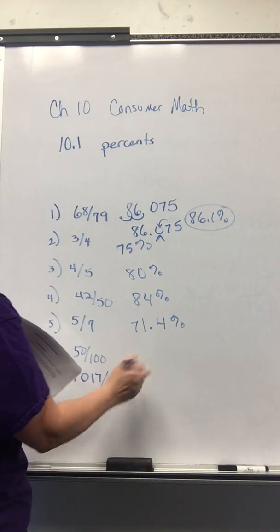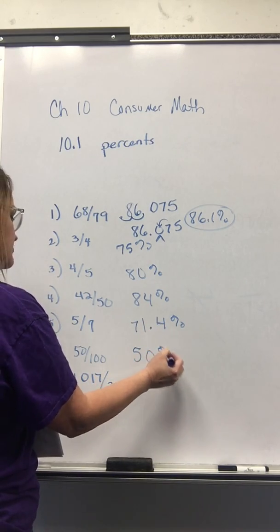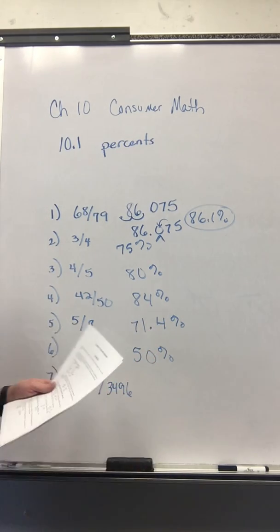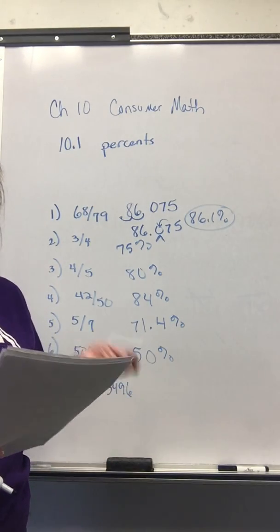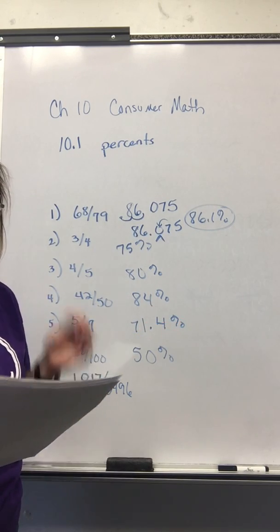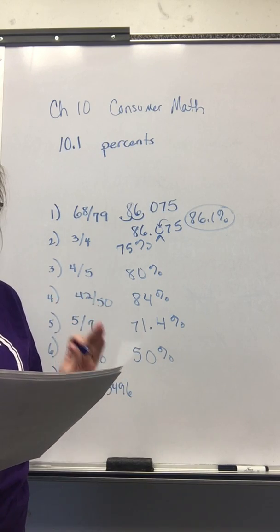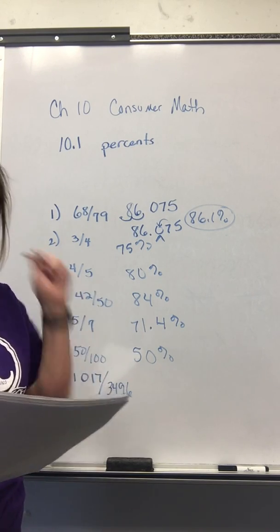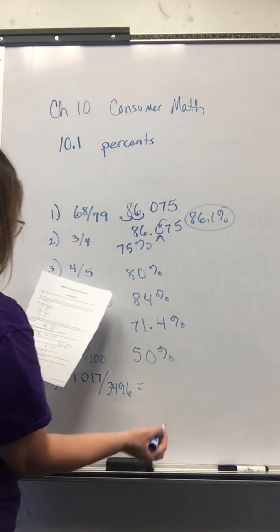And lastly, 50 divided by 100. That's exactly what we're doing. That would be 50%. And then you had a reading application. It asked people in a survey, at what age do you think you consider someone to be old? And it said 1,017 out of the 3,496 respondents felt like 80 was the age when people are considered old.